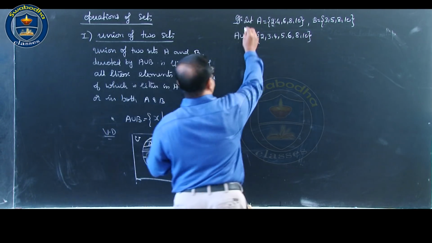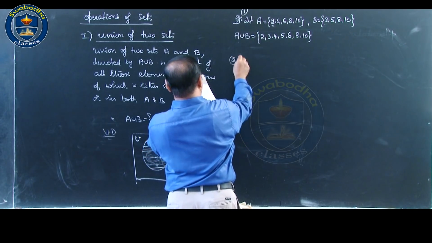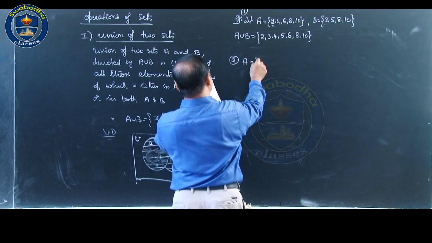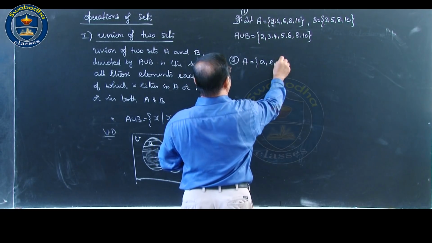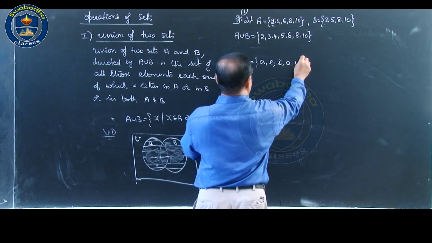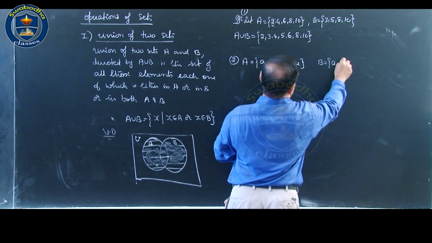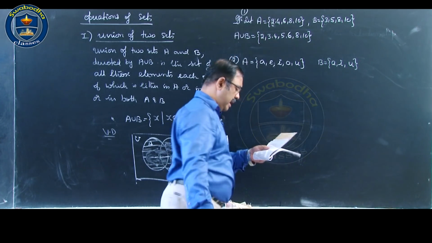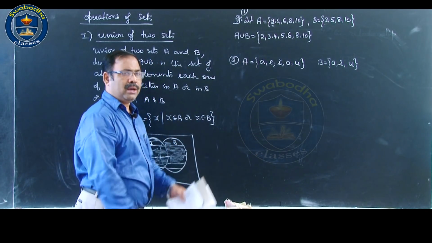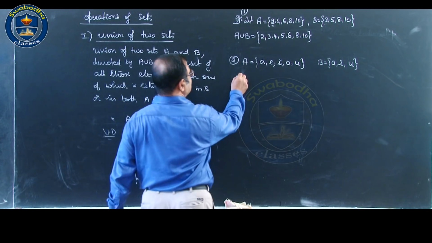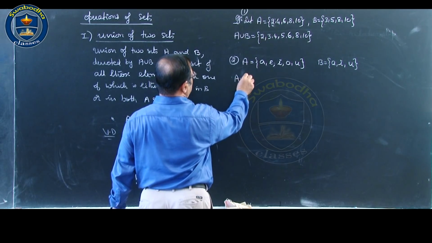Now, I will write one more example. A is equal to A, E, I, O, U and B is equal to A, I, U. What is A union B?